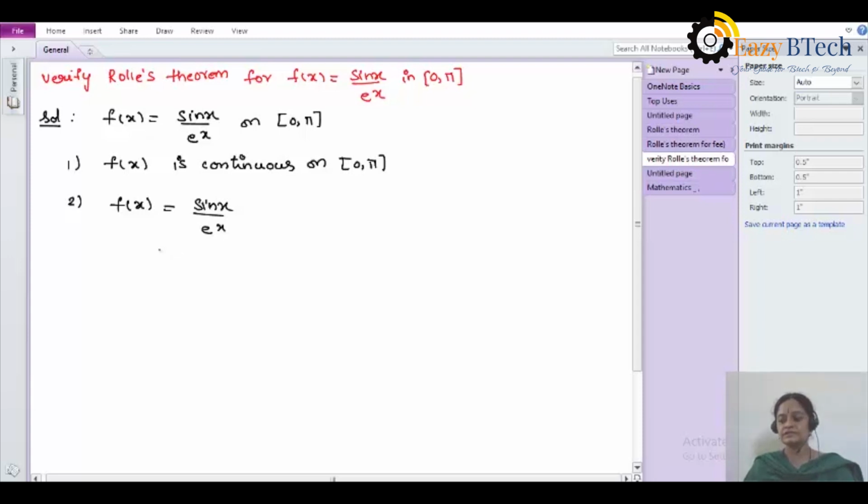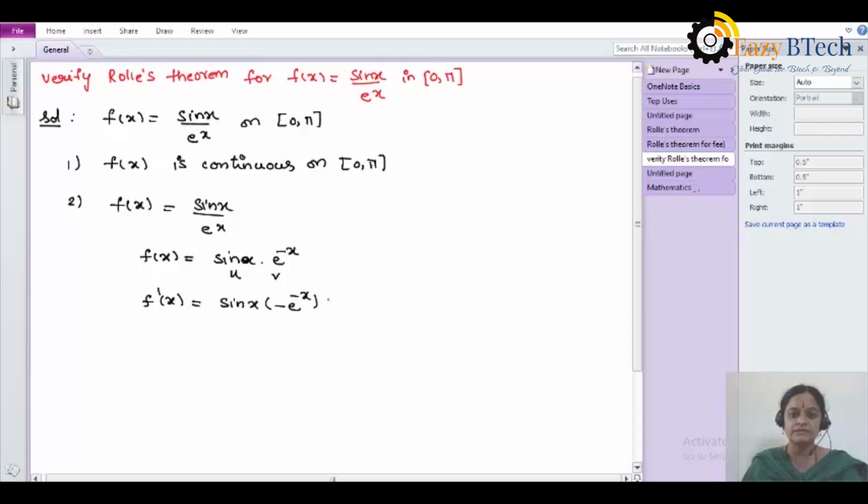So I have to do the differentiation with respect to x. Before differentiating, f of x is equal to sin x into e power minus x, applying the u into v procedure. Then f dash of x is equal to sin x times the derivative of e power minus x, which is minus e power minus x, plus e power minus x times the derivative of sin x, which is cos x.